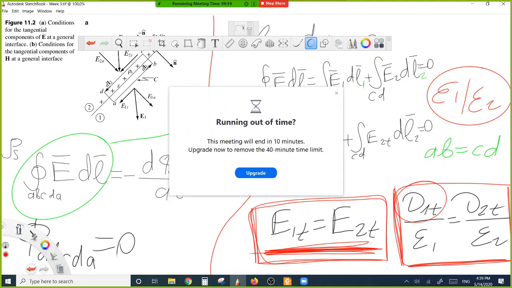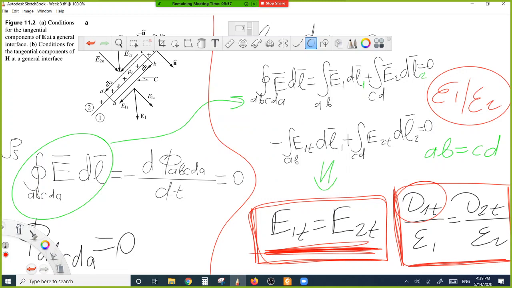Interface conditions or boundary conditions for the electric field intensity are independent of the magnetic field. The interface conditions for the time-dependent electric field are identical to those for the static electric field. This is the consequence of Faraday's law.